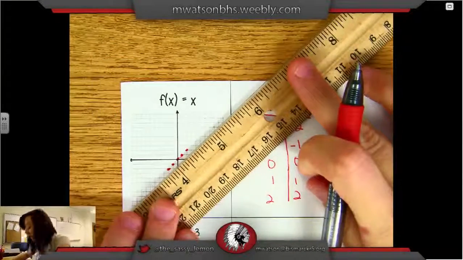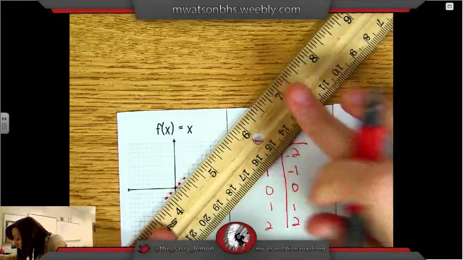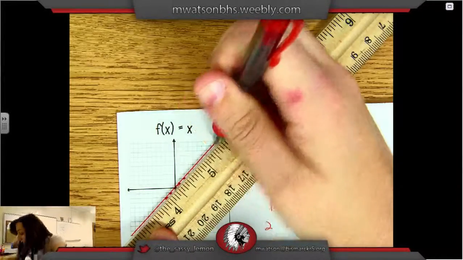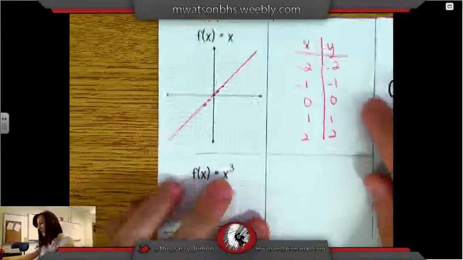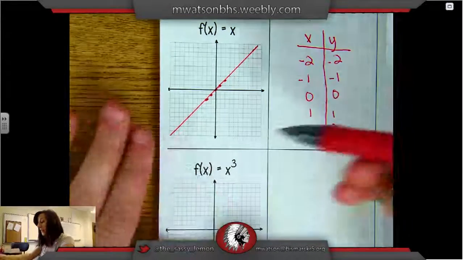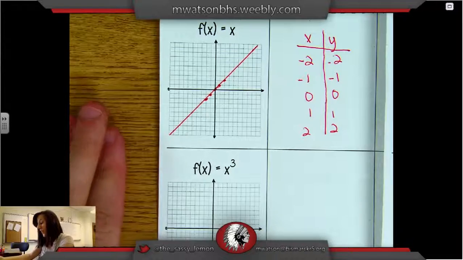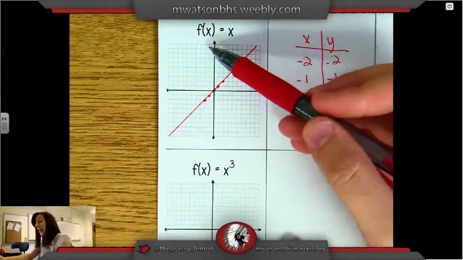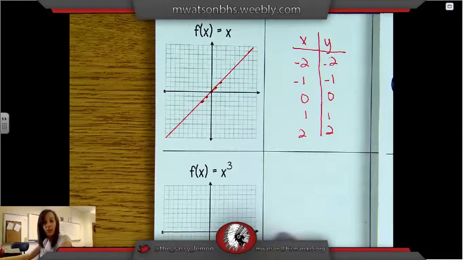You will see that this is actually that line that we were reflecting about with our inverse functions. Okay, this is the most basic linear line. It's that y equals x line, or in our new notation, f of x equals x line.